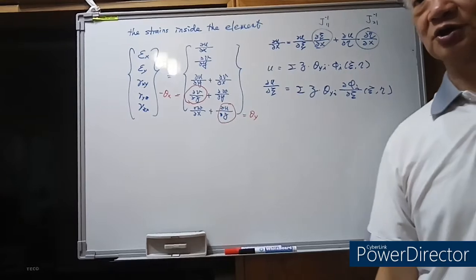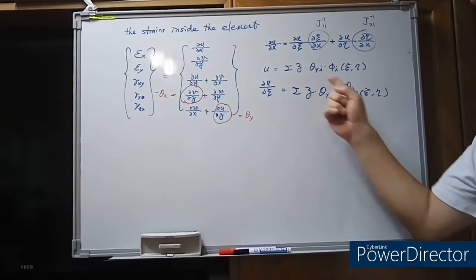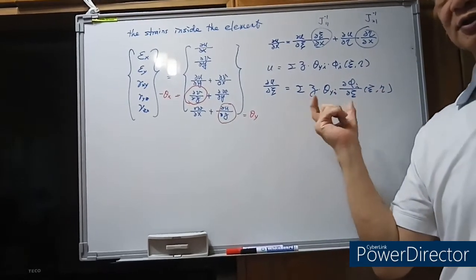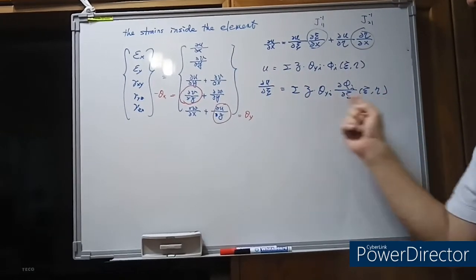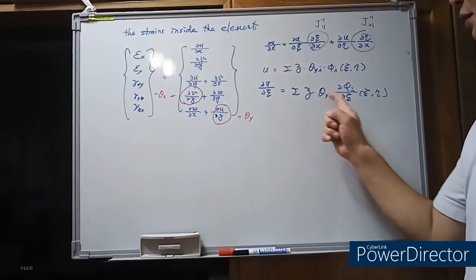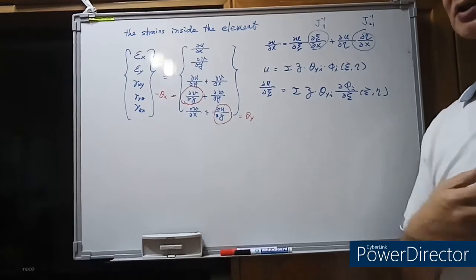Take the partial derivatives. According to the chain rule, we can multiply these two unchanged to the third term, take the partial derivatives. In this way, we can calculate partial u to partial Xi. But right now, the theta yi is still unknown.